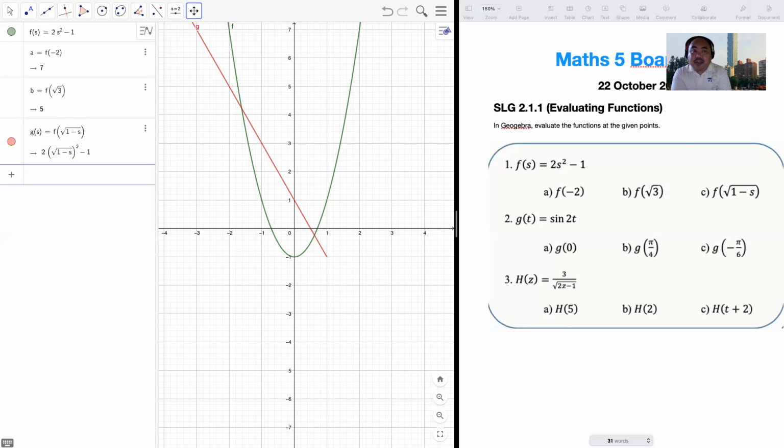However, GeoGebra is still limited in its function. It cannot simplify for you. So I guess this is where you still have to use your paper and pencil, because you have to do simplification of this expression. But can GeoGebra give you the graph of this expression f of square root 1 minus s?